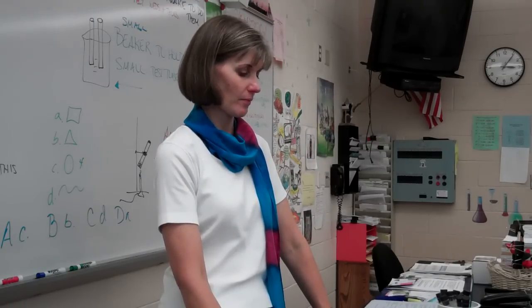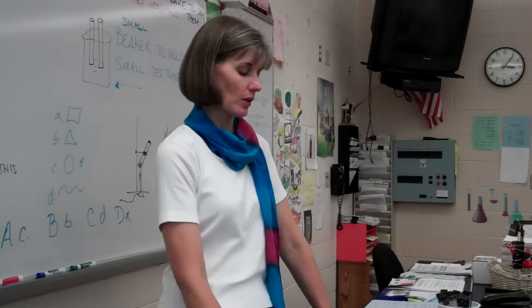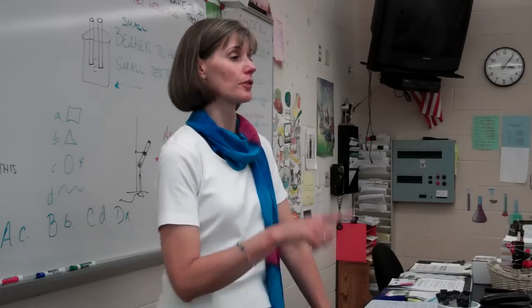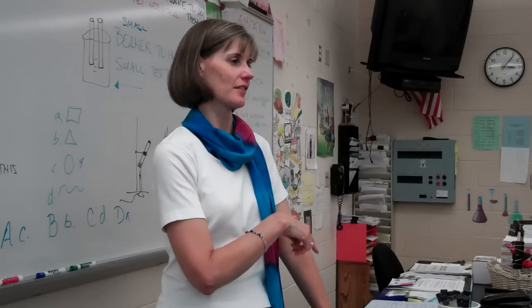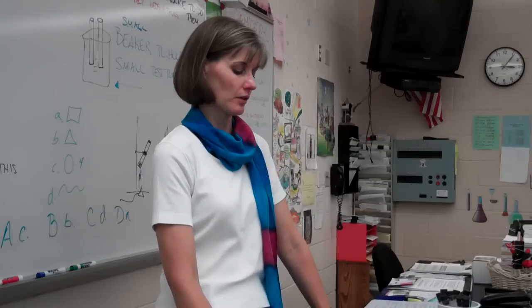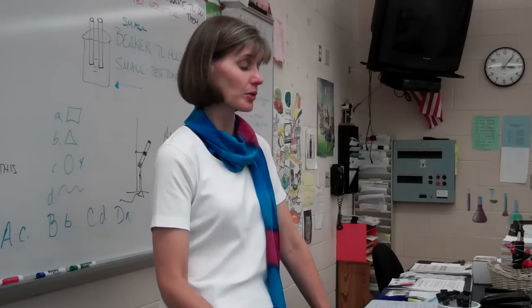Properties. It said the same number of orbitals on the pretest, but it's the same number of valence electrons, not the same number of orbitals. So the same number of valence electrons, same properties, or similar properties.